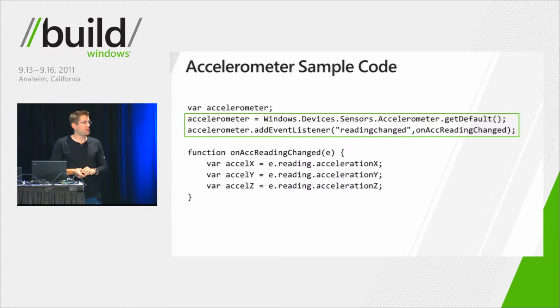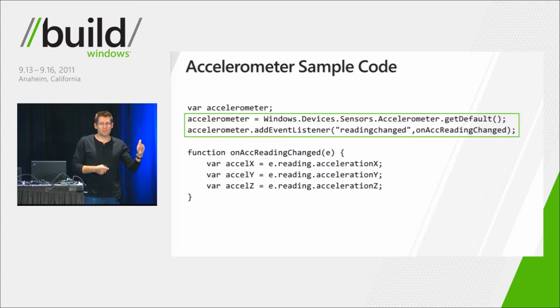This is a pattern where we're returned an object that represents the built-in sensor we're interested in. So here our accelerometer variable contains an object that models the built-in 3D accelerometer on the hardware that we're running on. The next thing I'm doing here is adding an event listener for reading changed.